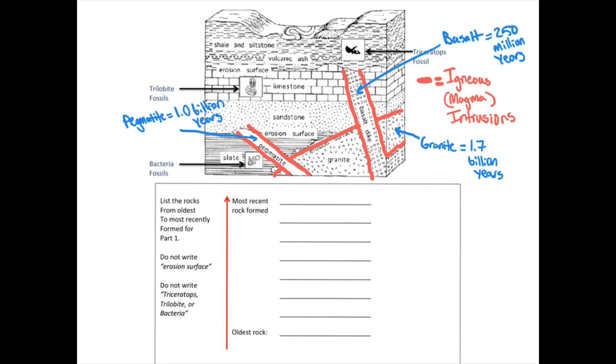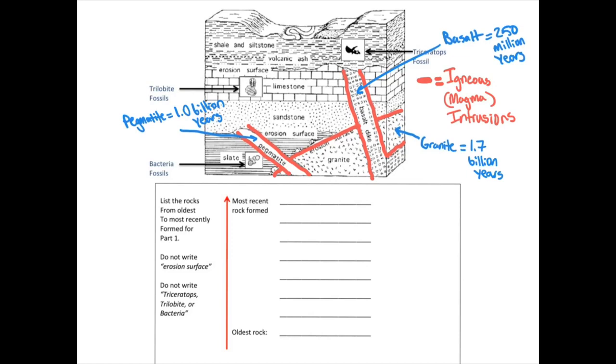For example, the slate here at the bottom is the bottommost layer. The only one that might be kind of confusing when you're looking at the age of the slate is this granite intrusion. But we should know, using the principle of cross-cutting relationships that we talked about in our chapter, that if the granite is cutting through the slate, then the granite is going to be younger than the slate.